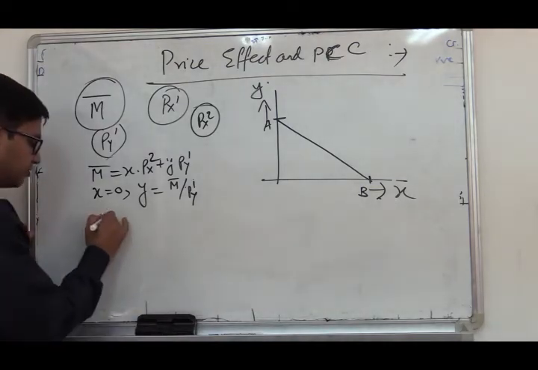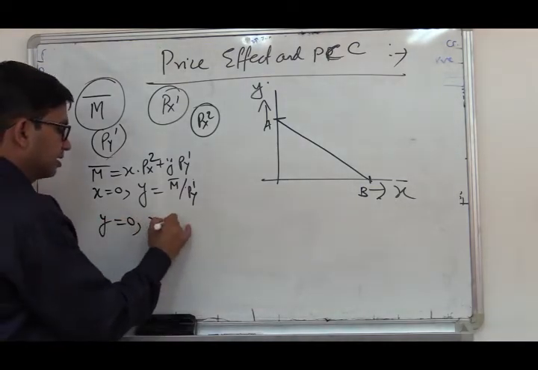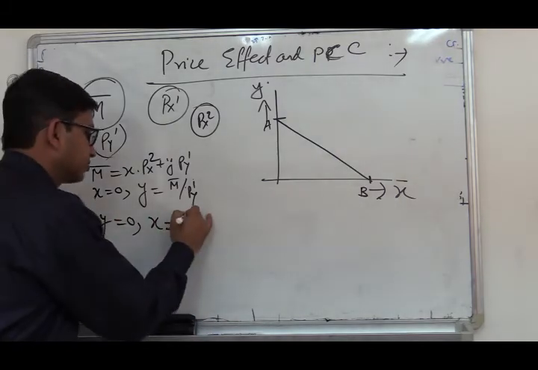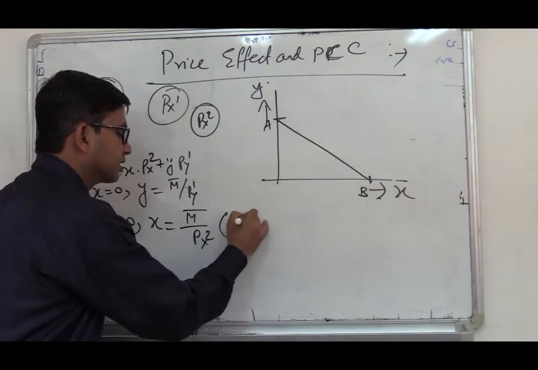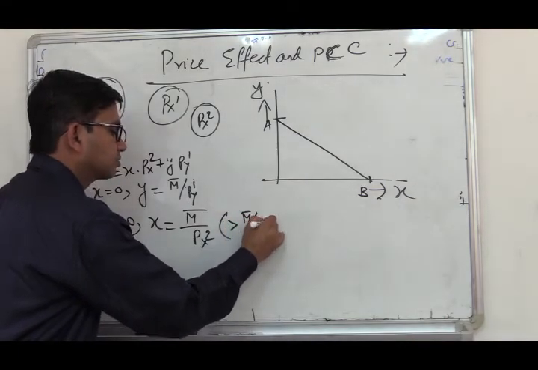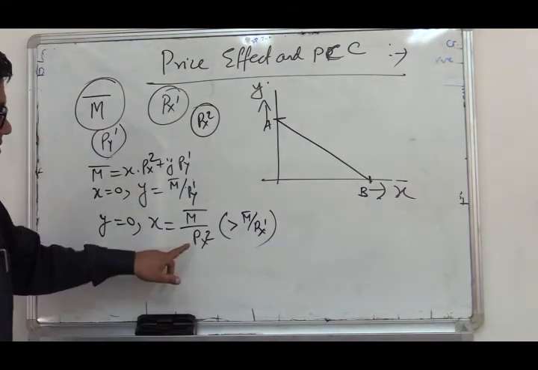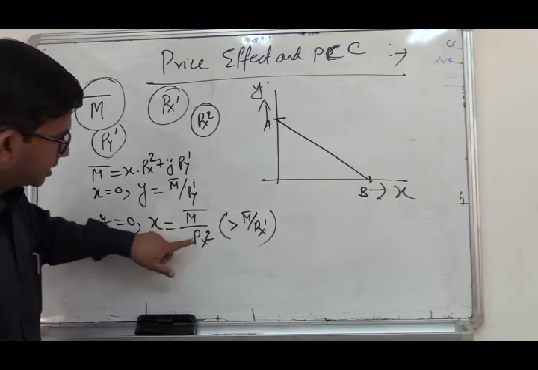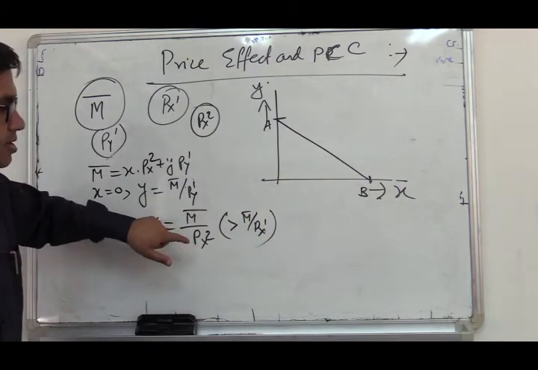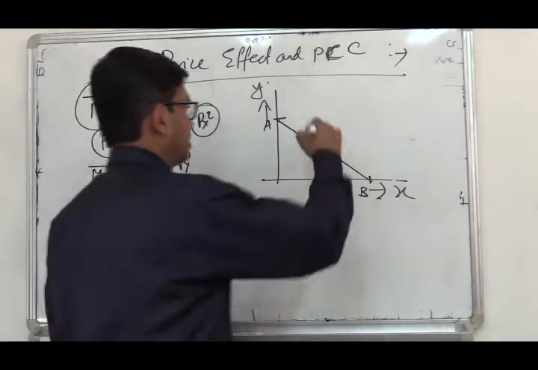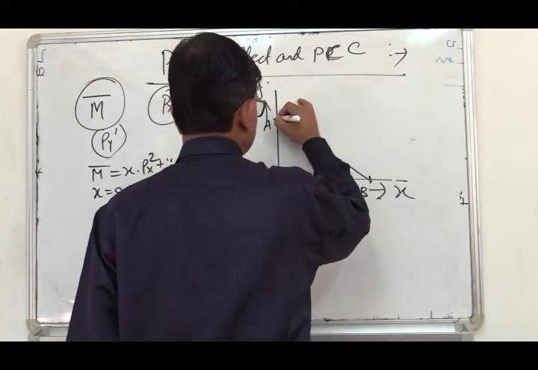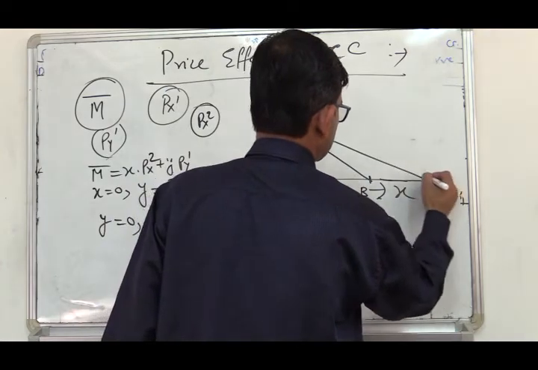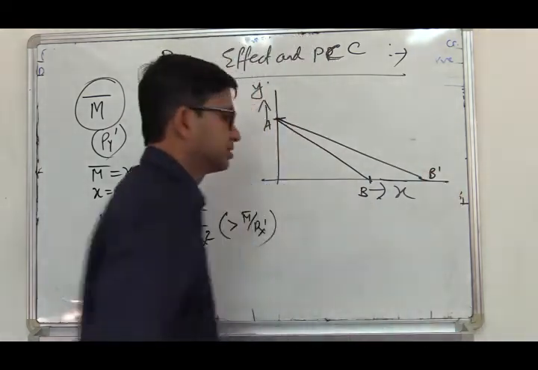But if Y equals 0, X equals M bar by Px2, which is greater than M bar by Px1, because the numerator is the same but the denominator is less. So we will get a new budget line, AB dash.